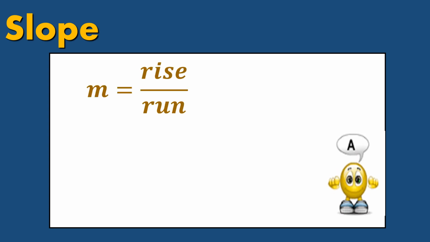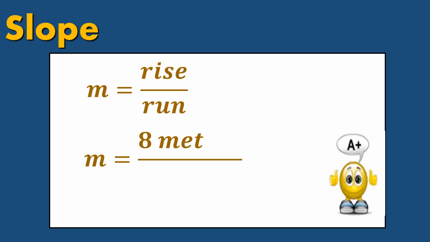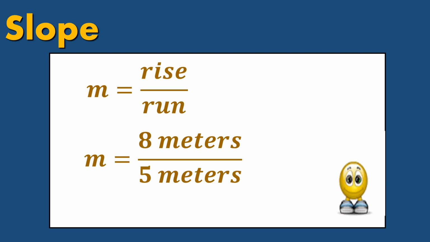To get the answer, we're going to use slope is equal to rise all over run. Thus, we will have 8 meters all over 5 meters, which is equal now to 8 all over 5.